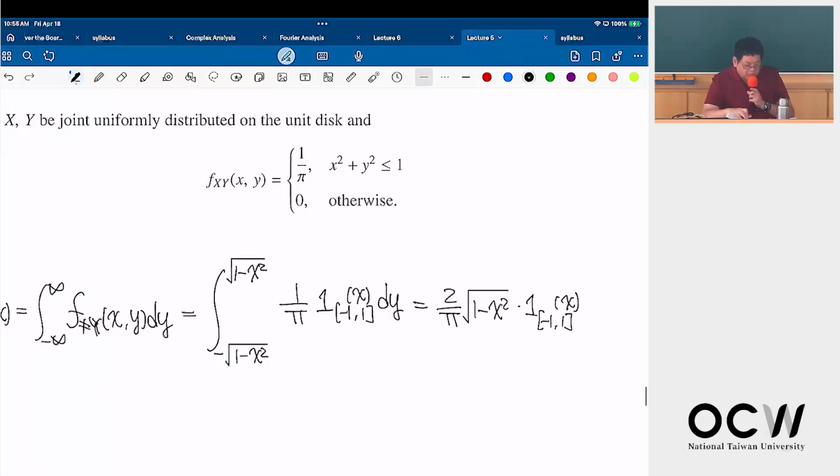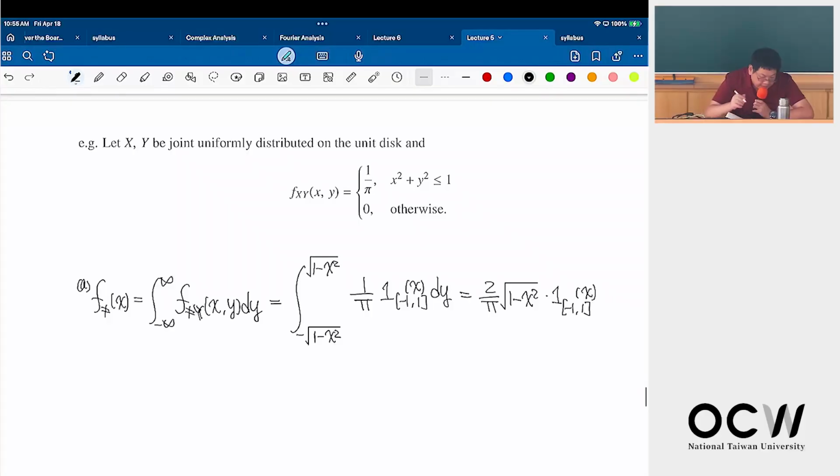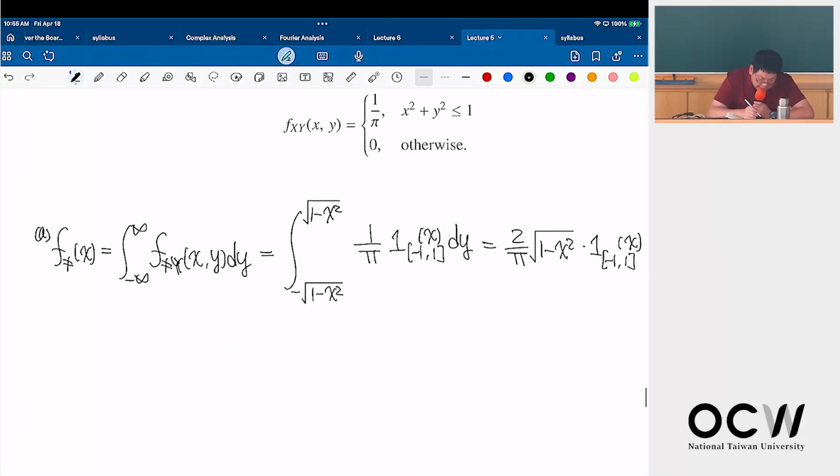Now, once we have the PDF of x, then how about the expectation of x? So let's see the expectation of x. Consider all possible outcomes and times their corresponding weightings. That's the PDF of x.